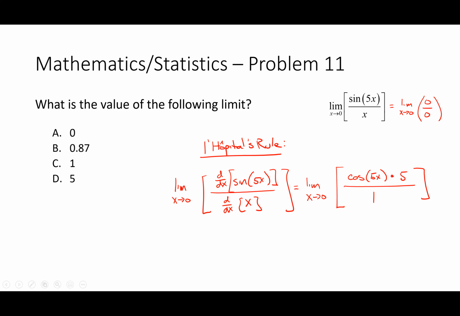And now I can plug in 0. So now we have that this equals 5 times the cosine of 0. And the cosine of 0 is 1, so that is 5. We are rocking and rolling. Hopefully that was straightforward. Let's move on.